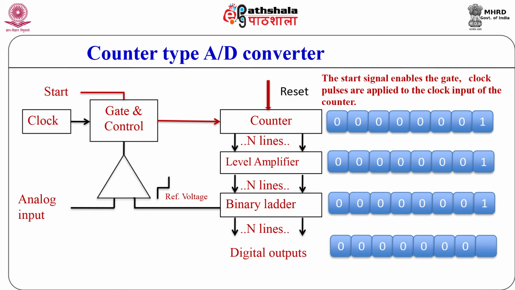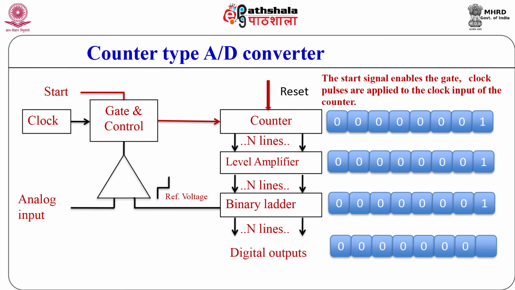The gate and control circuit will open and the clock is applied to the counter. When the clock pulses are applied to the counter, the content of counter progresses from 0 0 0 0 0 0 0 0 to 0 0 0 0 0 0 0 1.